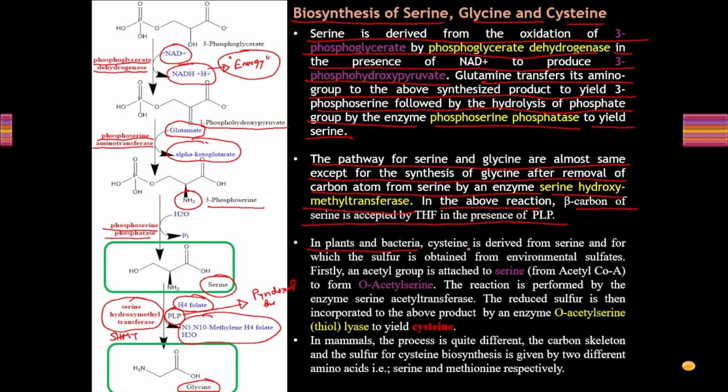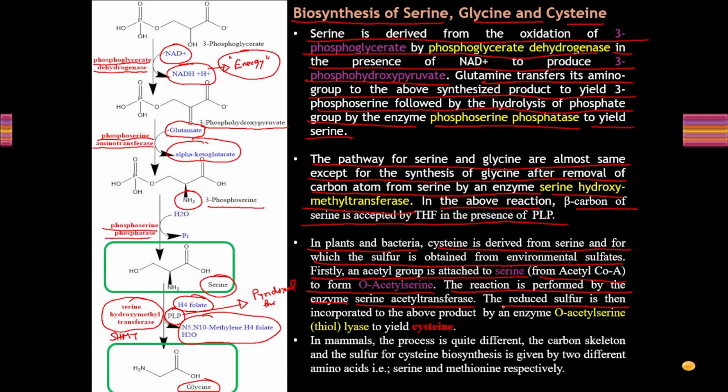In plants and bacteria, cysteine is derived from the serine, and the sulfur is obtained from environmental sulfates. Firstly, an acetyl group is attached to the serine from acetyl-CoA to form O-acetylserine. This reaction is performed by the enzyme called serine acetyltransferase.